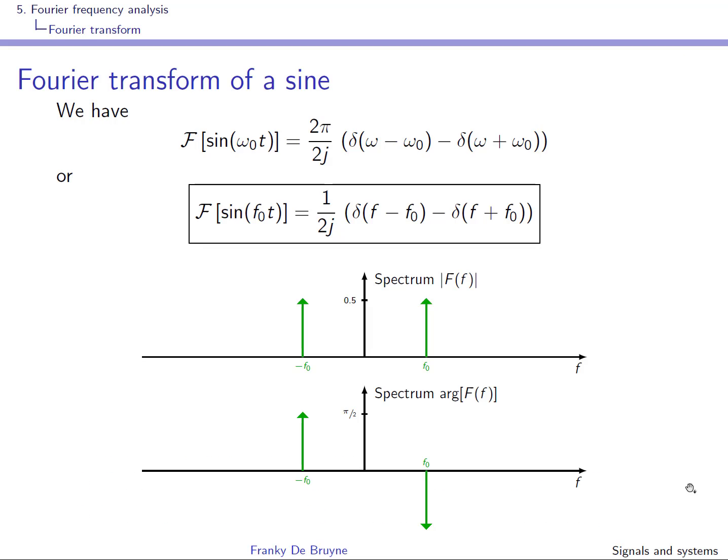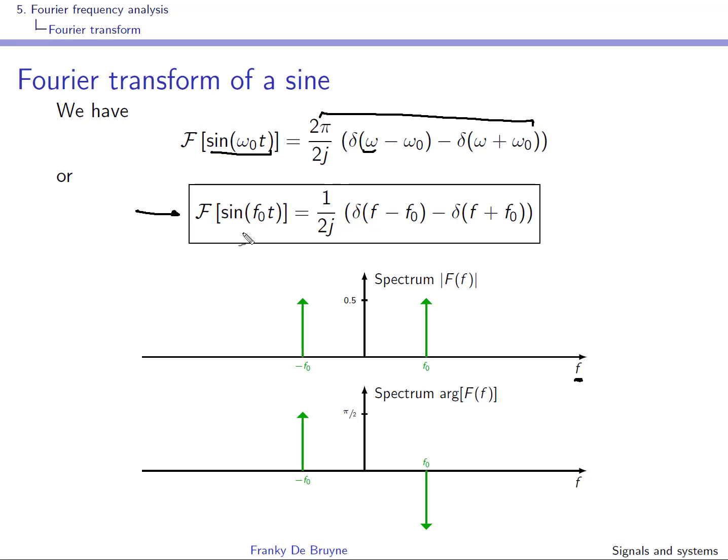We have just seen that the Fourier transform of a sine is given by this expression here, and again what we'll do, instead of working with omega in radians per second, we'll work with f, the frequency expressed in hertz, and this is then the result that you obtain.